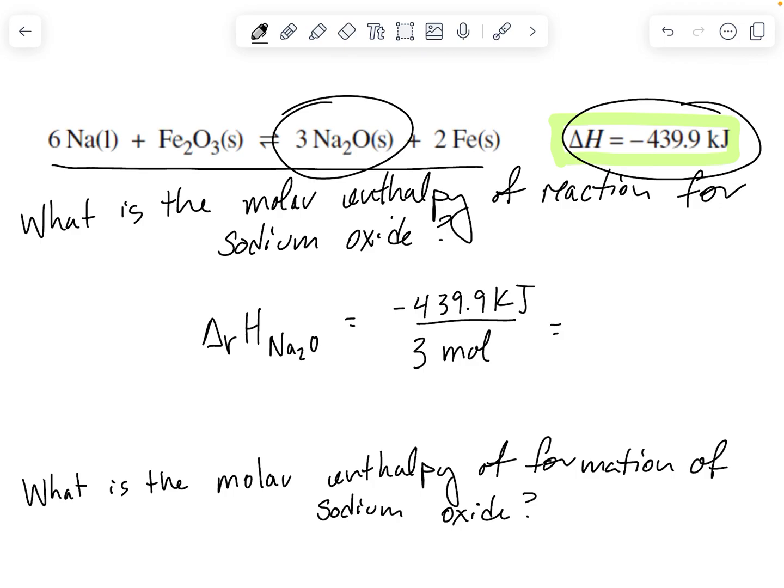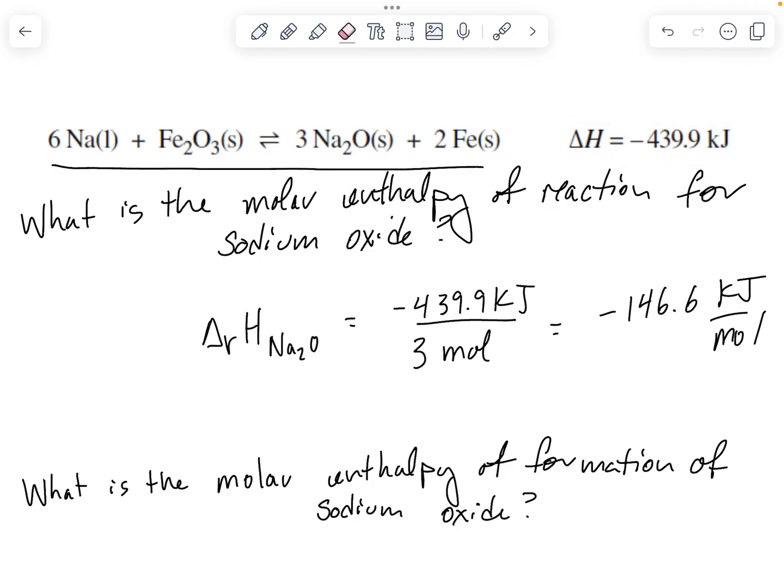So I'll plug that into my calculator, and we would end up with negative 146.6 kilojoule per mole. And so that's per 1 mole instead of per 3, right? That's one style of question.